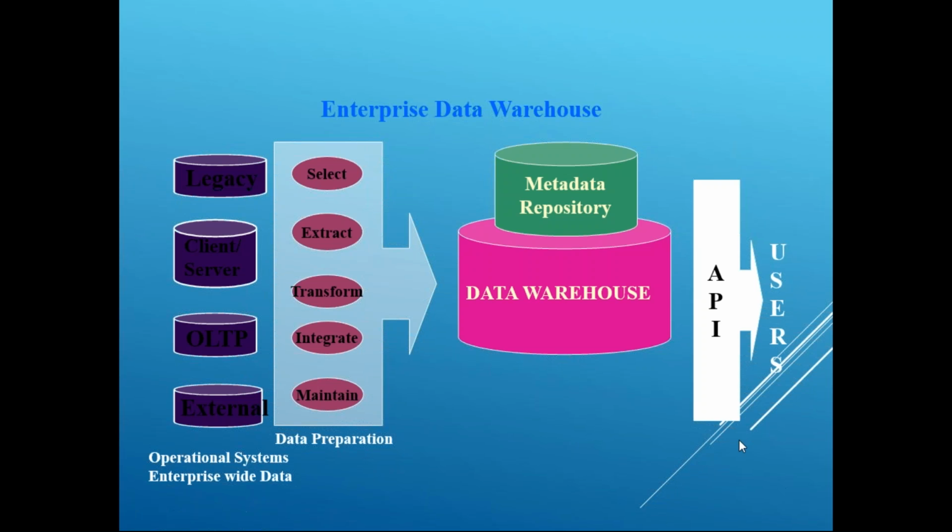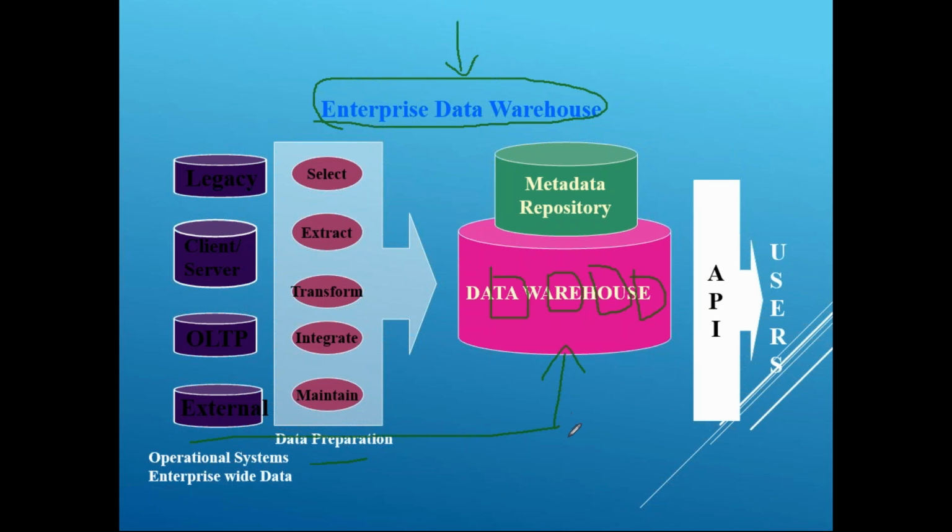All the data of different subject areas will be present here: sales data, marketing data, finance data, all in a single database. This is called enterprise data warehouse architecture, and most of the projects follow this same architecture. So this will always be followed.